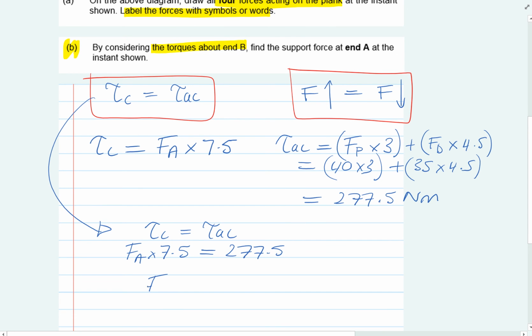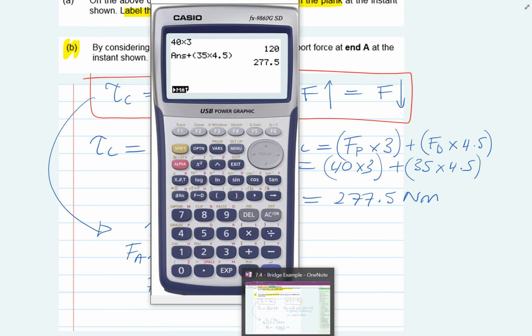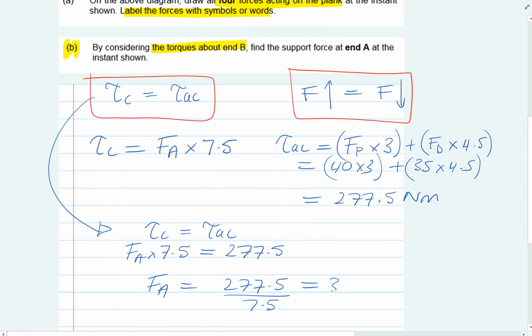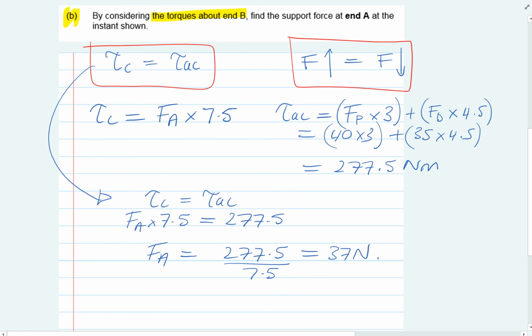To work out FA, all we need to do is divide by 7.5 on both sides of our equation, and that is going to give us an answer of 37. Now, I realise that this problem doesn't ask for it. Technically, we've actually already solved the problem. We've worked out FA, but what if you had to work out FB as well?